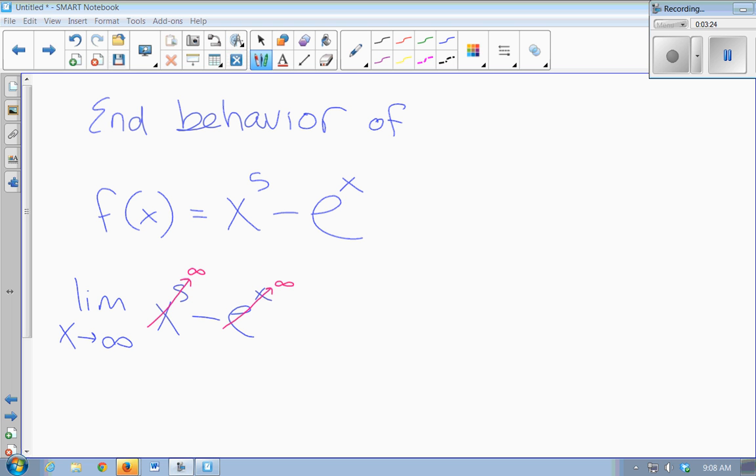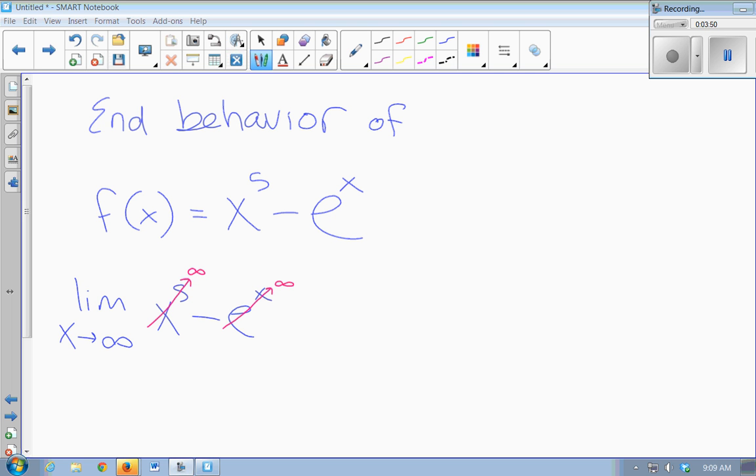So what the notes this week talked about was the dominance of some functions over others and how fast they get big, right? And exponentials always beat power functions or polynomials. Okay, so e to the x is going to get bigger way faster than x to the 5th gets bigger. So x to the 5th is getting big, but you're subtracting something way bigger.